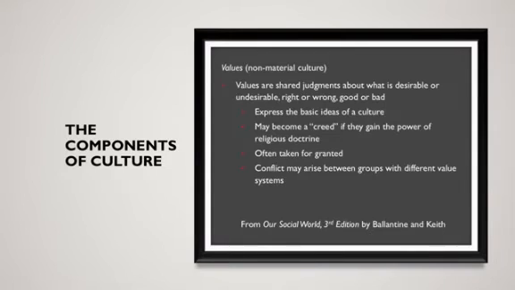So what do I mean by values? Well, as the definition shows here, values are shared judgments about what is desirable or undesirable. Values are those things that we call good and bad, that we see as right and wrong. Now, values are a foundational and fundamental part of what human culture is all about.